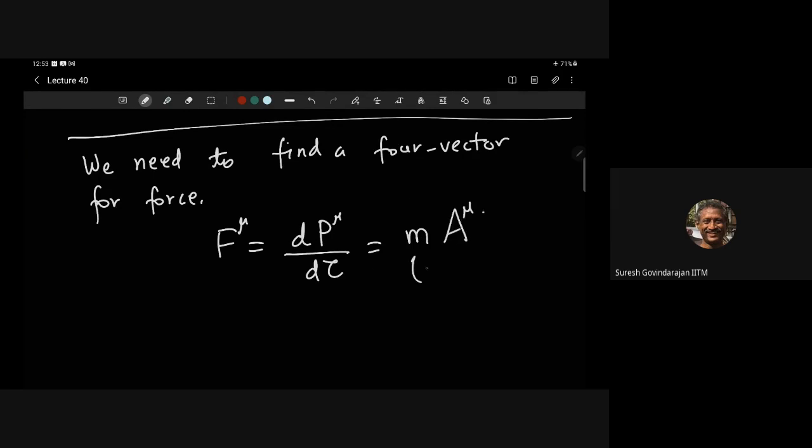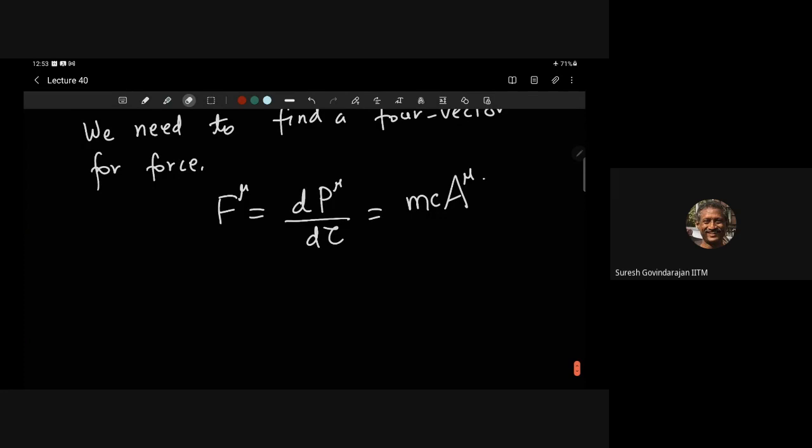Because my acceleration here doesn't have a diagonal, so it's mc. Yeah, it's mc times it. I hope you understand why I'm putting factors of c; they will all go away.